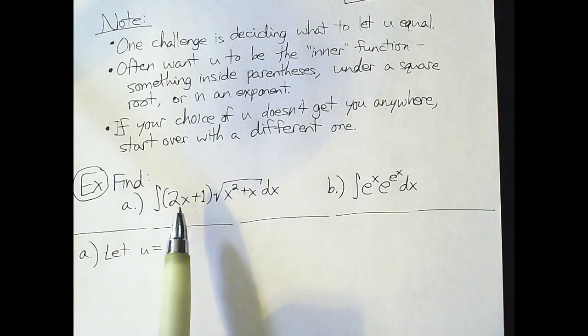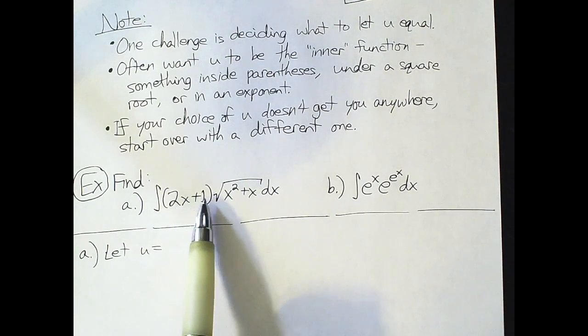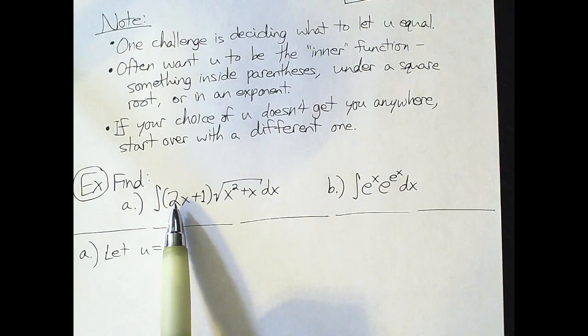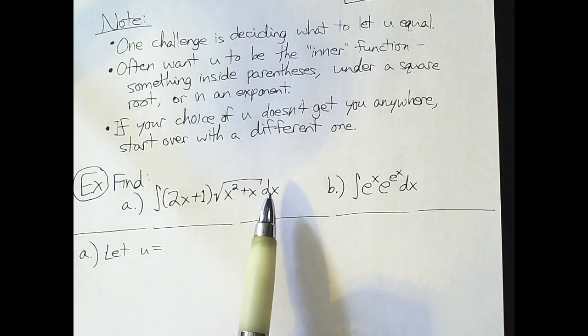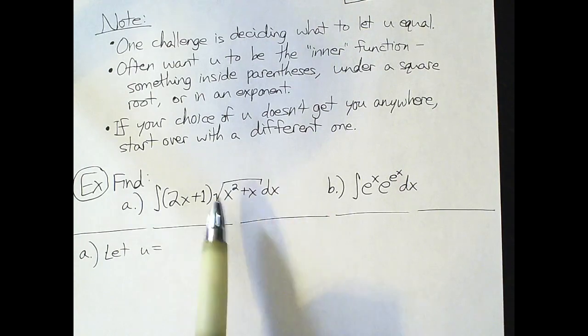So let's just mentally check. If I let u equal 2x plus 1, what's going to happen? If u is this, then du is going to be 2dx. This problem doesn't have a 2dx in it. In fact, it has all this other stuff.